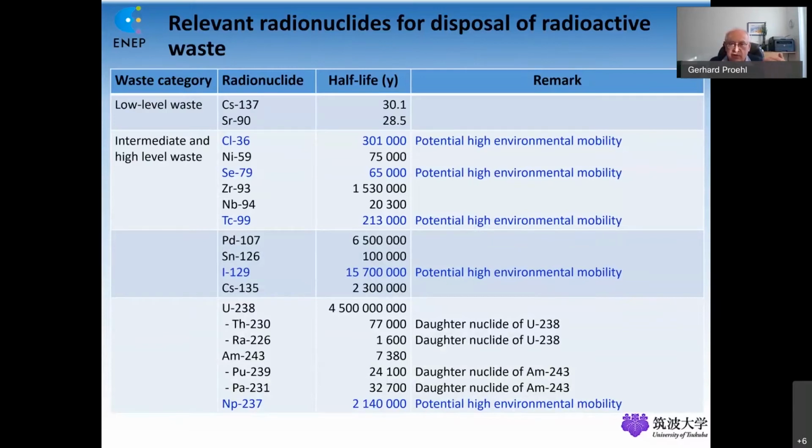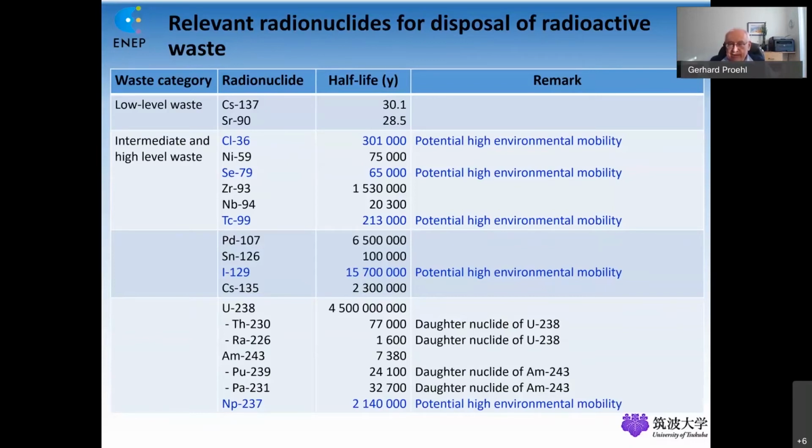For example, chlorine-36, nickel-59, iodine-129, and you see all of them have very long half-lives. The longest is uranium-238 with a half-life of 4.5 billion years.